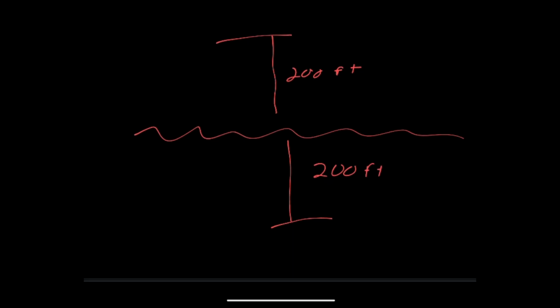The drone is a positive 200 feet, and the submarine is negative 200 feet. However, they're both 200 feet from sea level. So absolute value measures how far, not necessarily which direction.